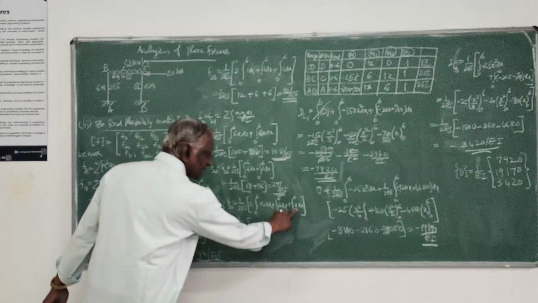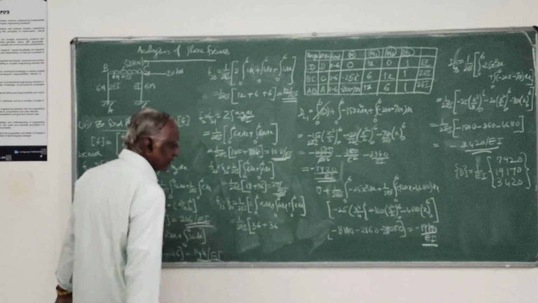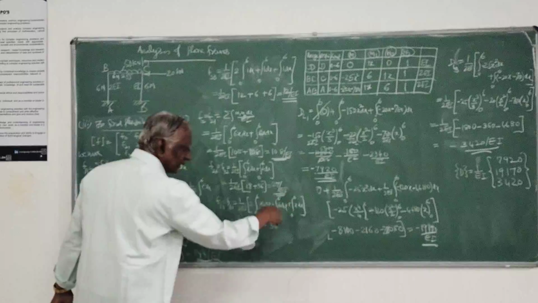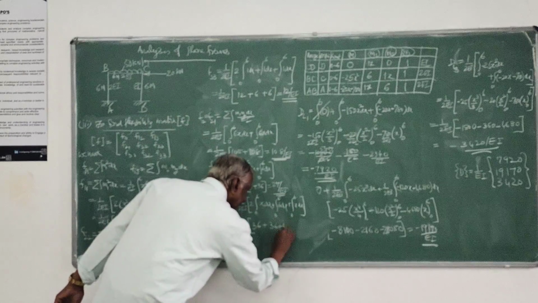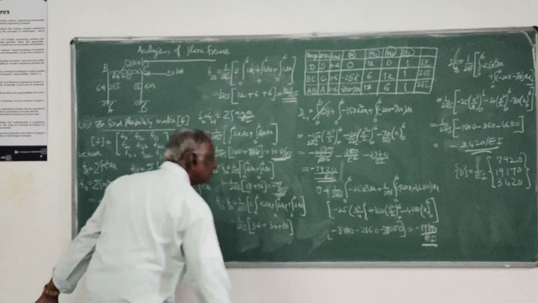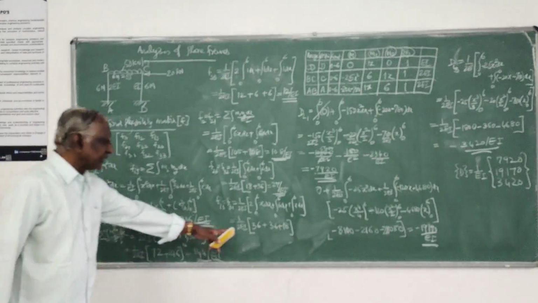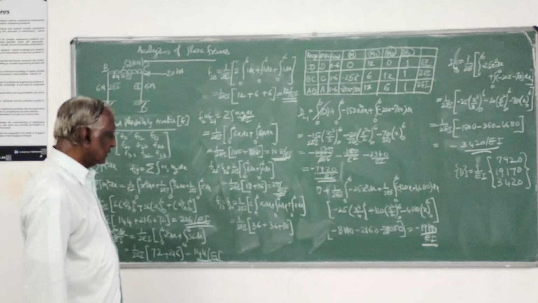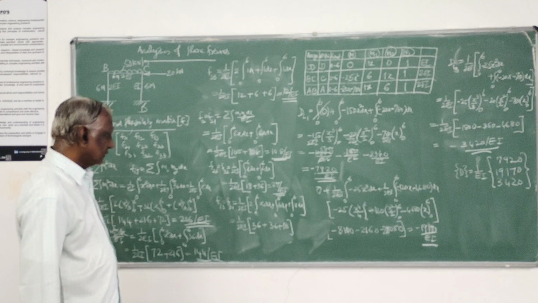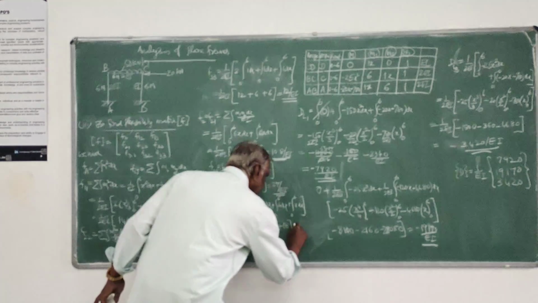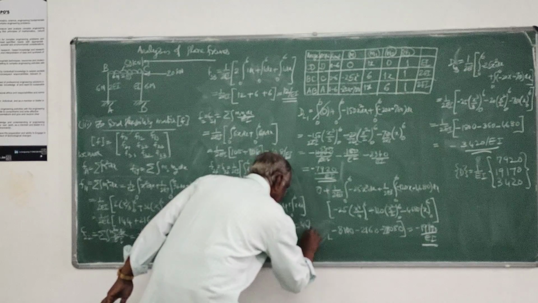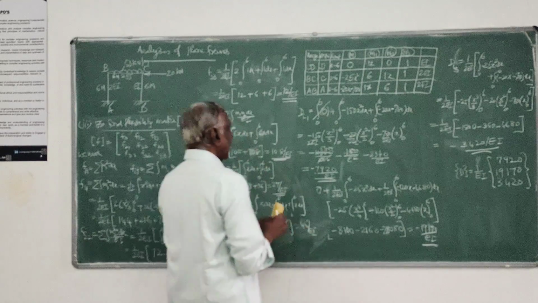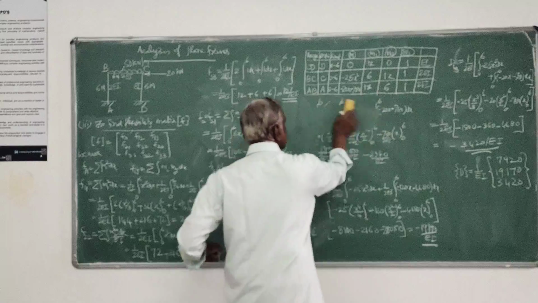Here it is x, integral x is x squared by 2, substitute upper limit, 36 by 2, 18. So 72 plus 18, 90. 90 by 2 is 45, 45 by EI. So I have generated F also.